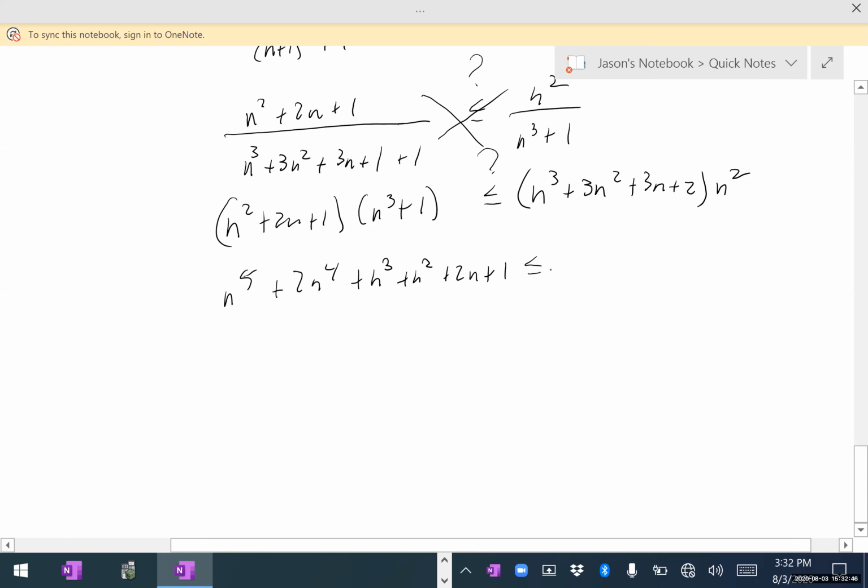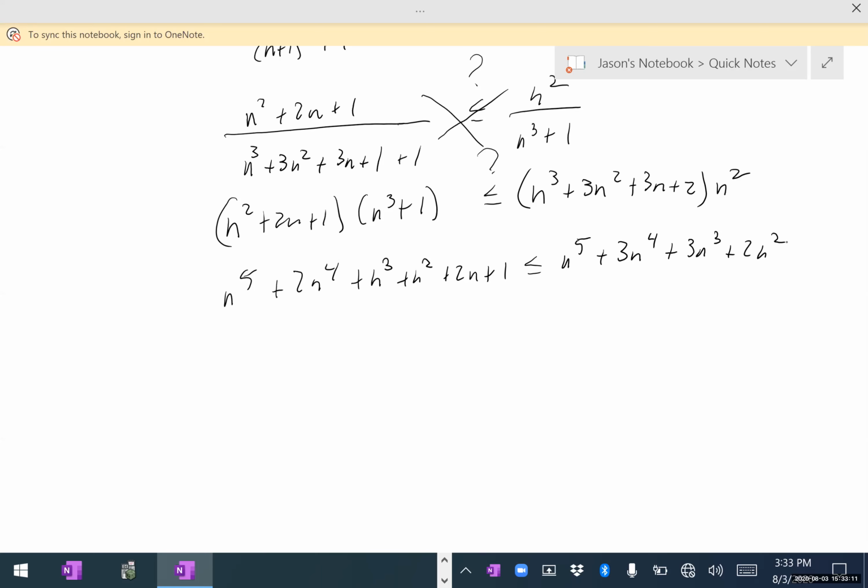Is that less than or equal to n to the fifth plus 3n to the fourth plus 3n to the third plus 2n squared? Okay, so let me just check this.